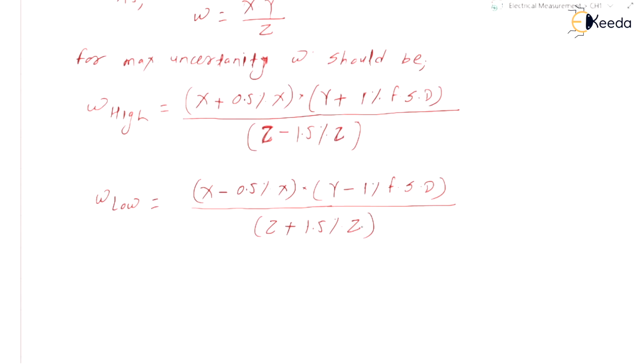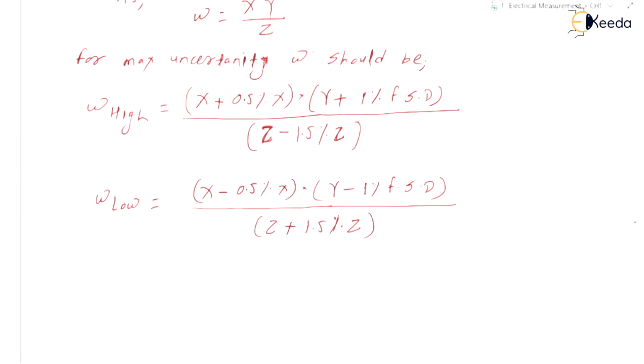I am writing here x and here it is z, because these accuracies are in a percentage of reading, and here I have written it as 1% of FSD, because this accuracy is in percentage of full scale value. Okay, so either you can find w high or w low, and from that we can find the error.